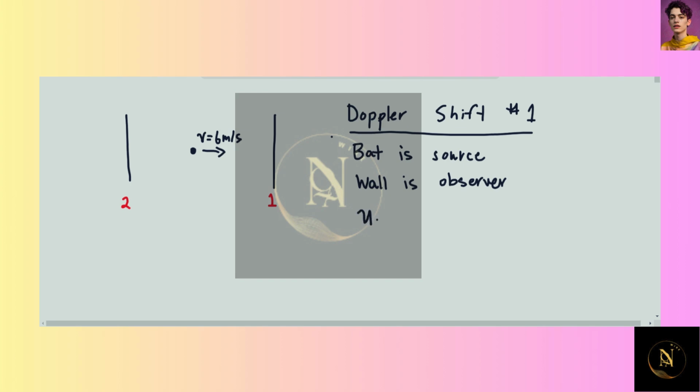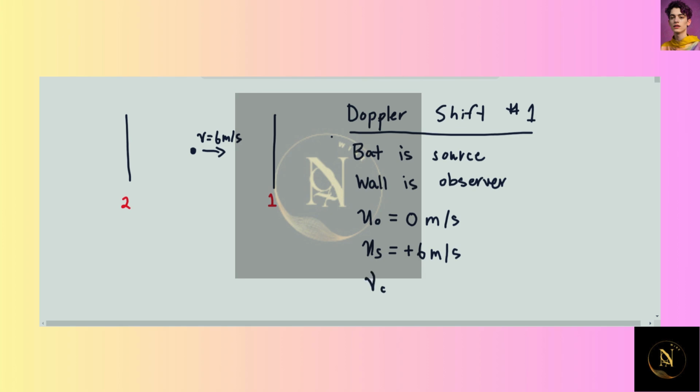So U0 is the speed of the observer. Since the wall is the observer, in this case, we're going to use 0 meters per second. US is the speed of the source, and it's positive when it's moving towards the observer. So we're going to use 6 meters per second.